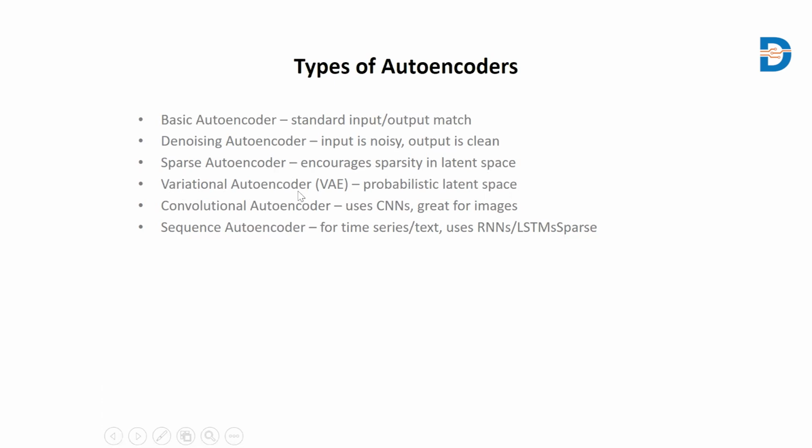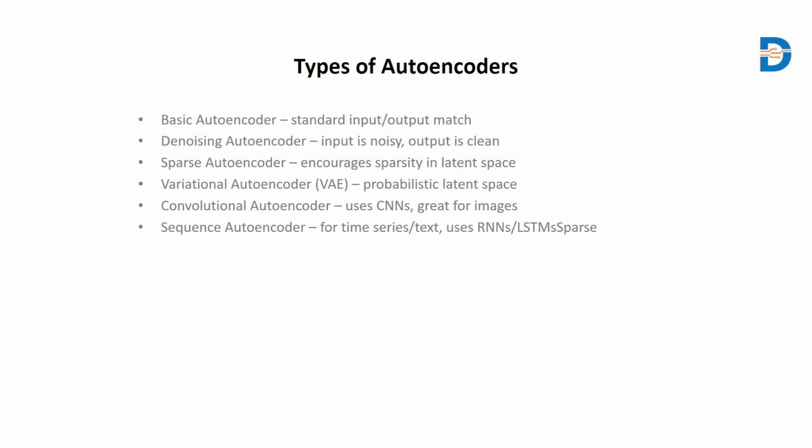The variational autoencoder works on a probabilistic latent space. The convolutional autoencoder is based on CNNs, so it's used for images. The sequence autoencoder works for series, time series or text, so it uses RNN and LSTM. These are the different types.